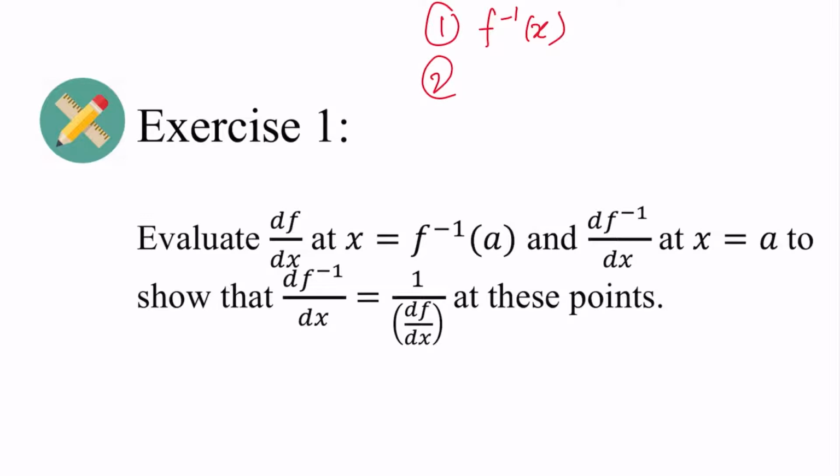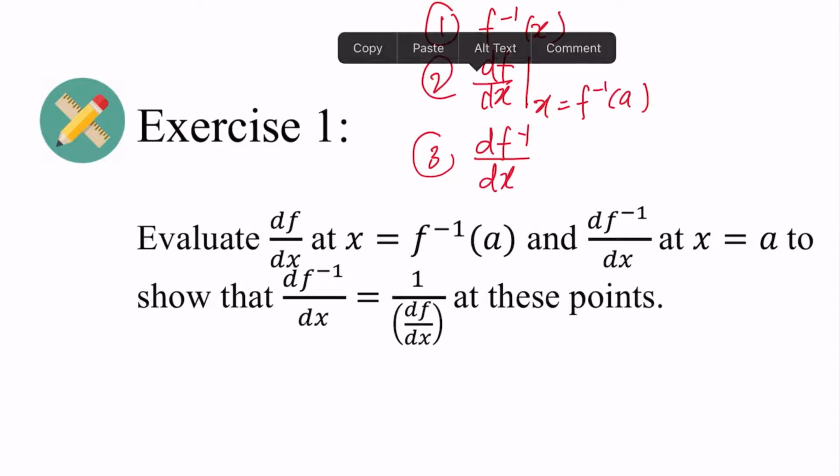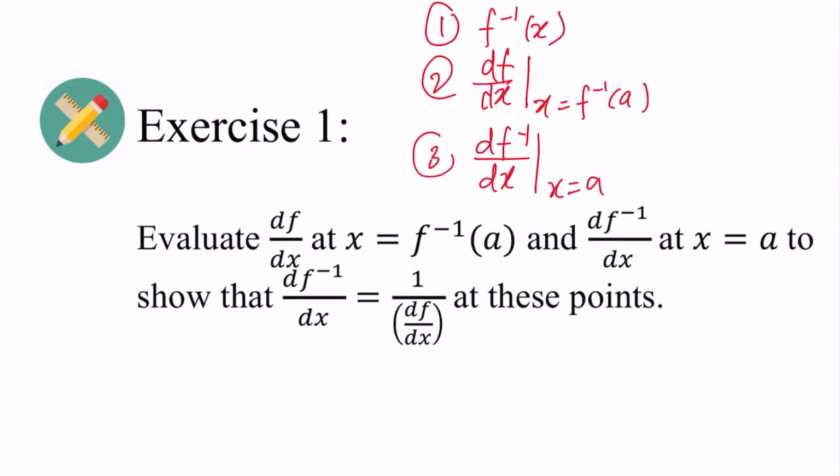Number two, find df/dx at x equals f inverse of a, and df inverse/dx at x equals a. Then we compare the reciprocal of this one with this value, whether they are the same.